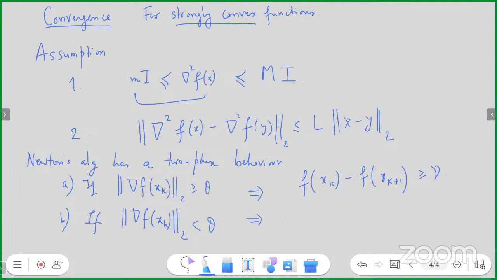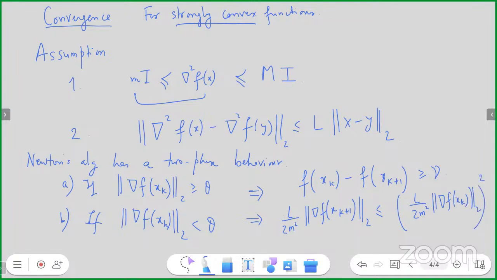Then L by 2m square times the norm of the gradient of f at xk plus 1 is less than or equal to L by 2m square times the norm of the gradient of f at xk, squared.